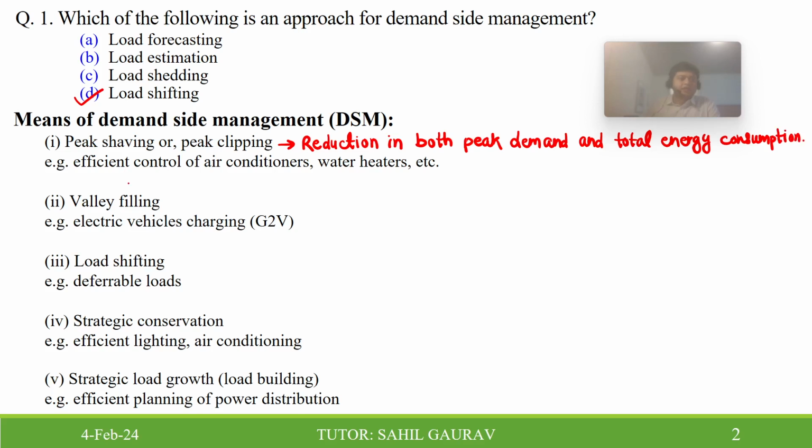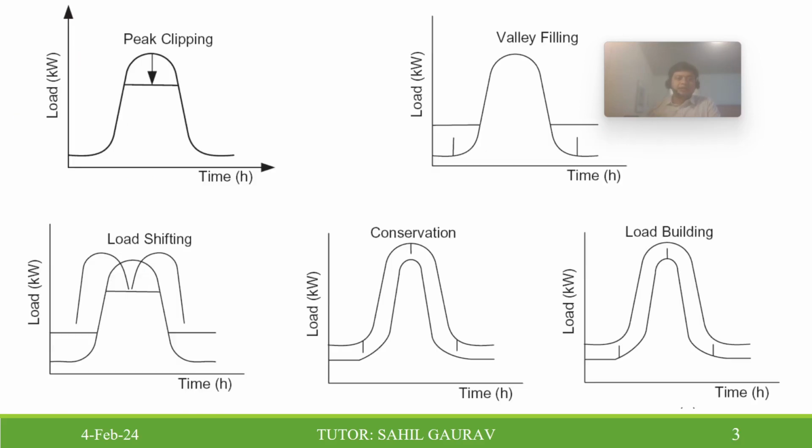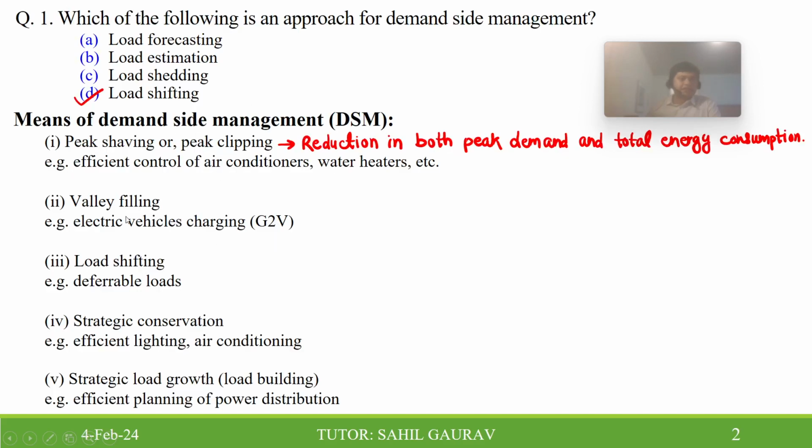The examples are efficient control of air conditioners and water heaters. In the diagram, the first figure denotes peak saving or peak clipping. We can see that the peak demand reduces by this control strategy, by efficient control of air conditioners, water heaters, and some types of loads. So with peak saving or peak clipping, you have reduction in both peak demand and total energy consumption. And the second one is valley filling.